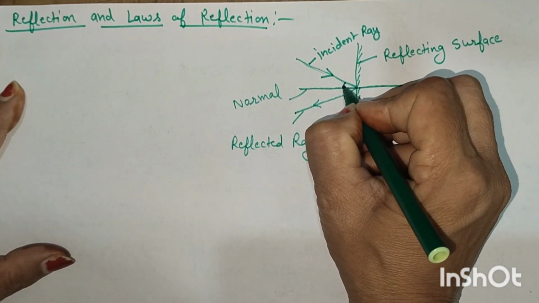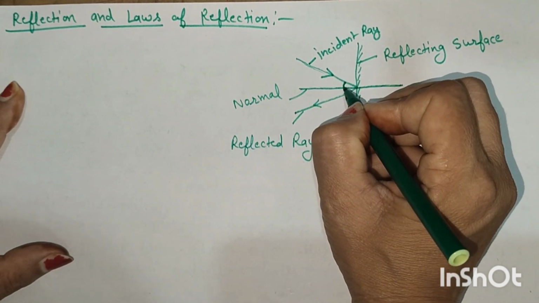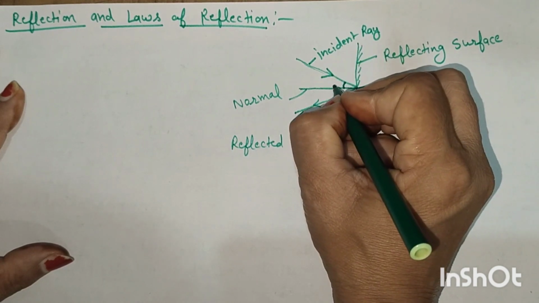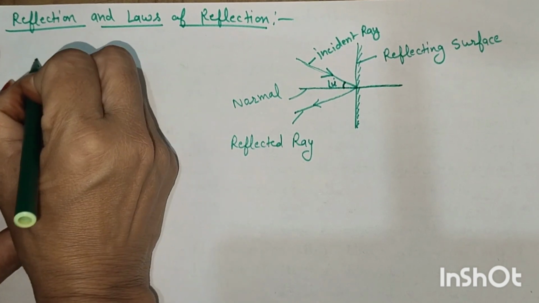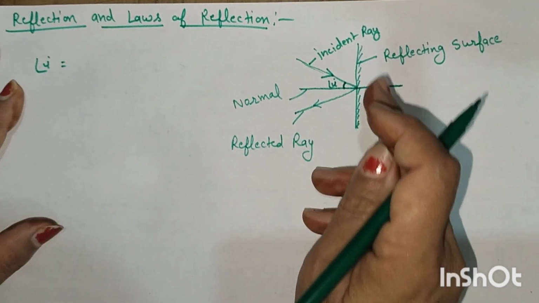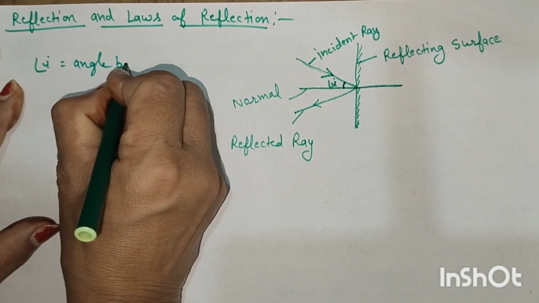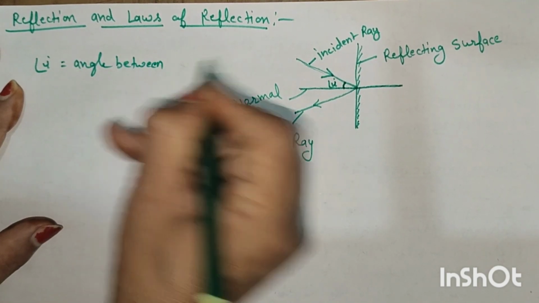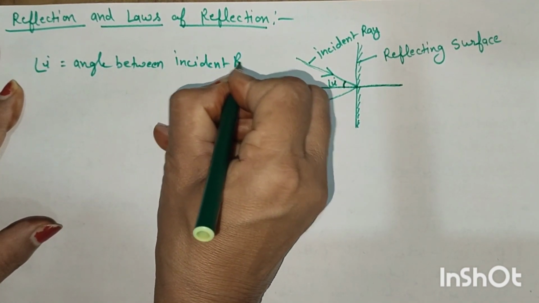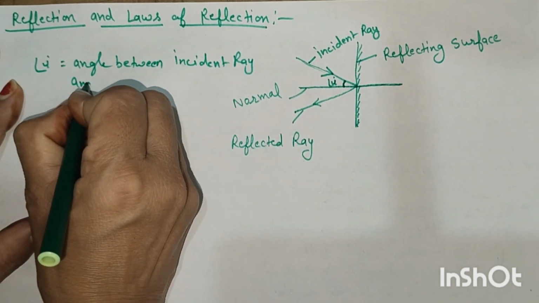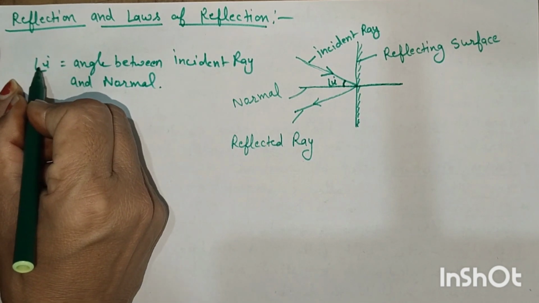The angle between the incident ray and the normal is called the angle of incidence, and it is represented by the angle i.